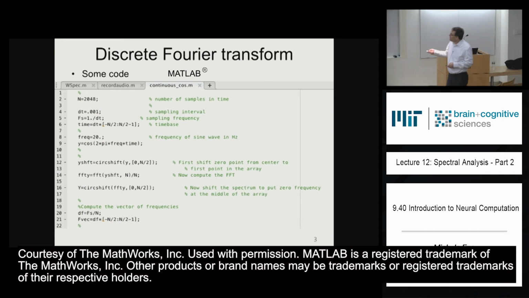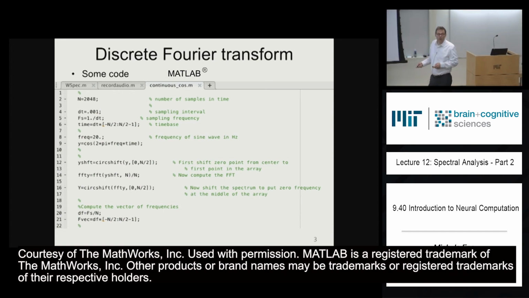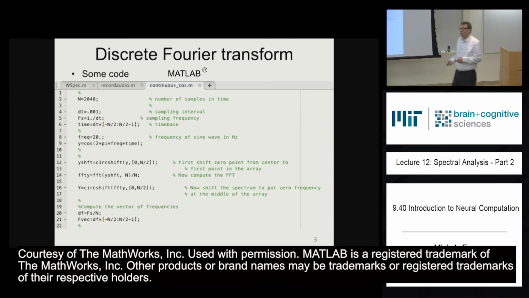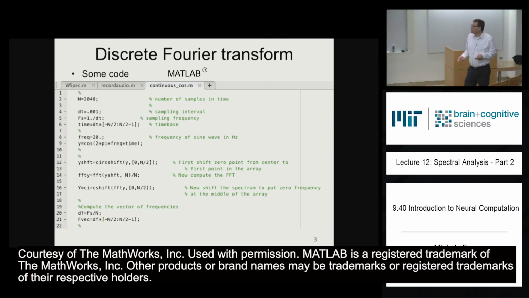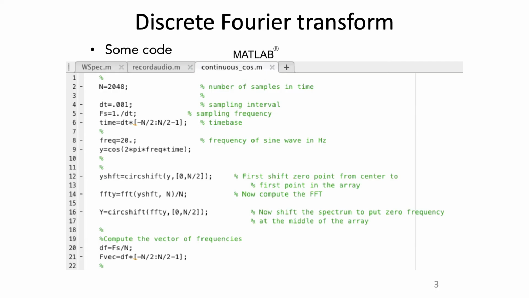Last time I gave you this little piece of code that allows you to compute the discrete Fourier transform using this MATLAB function FFT. And we talked about how, in order to do this properly, you should first circularly shift.